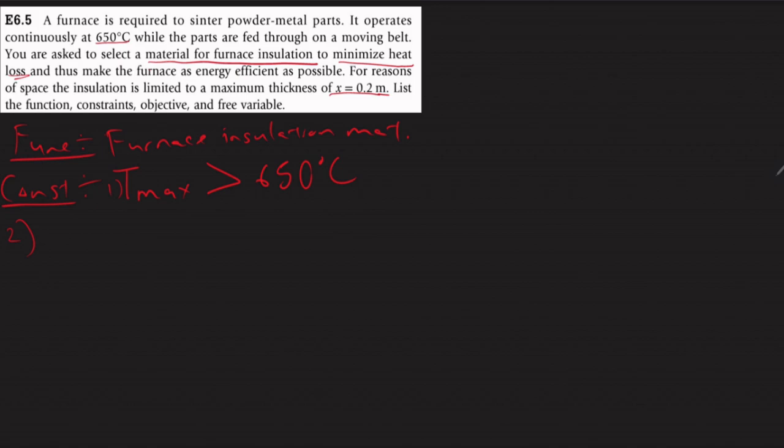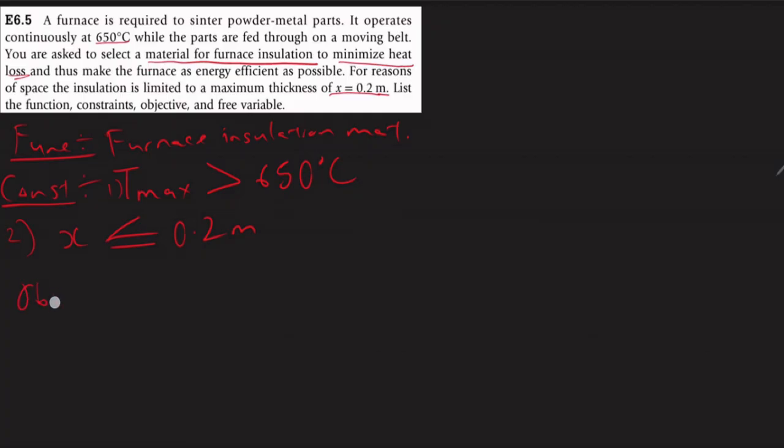So the second one is the maximum thickness, the thickness of the material, X. So X should be less than or equal to 0.2. So it has to be limited to 0.2. So these two are the constraints.